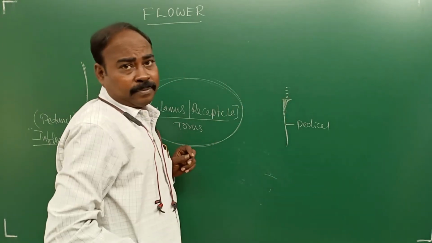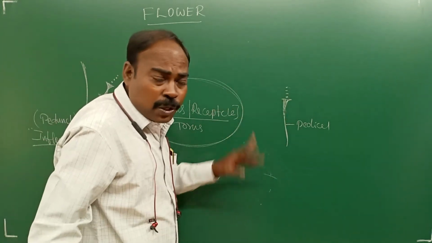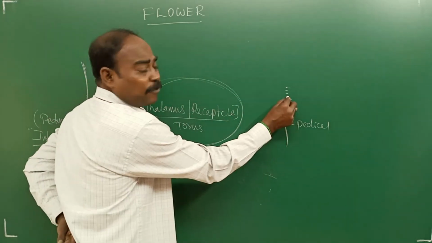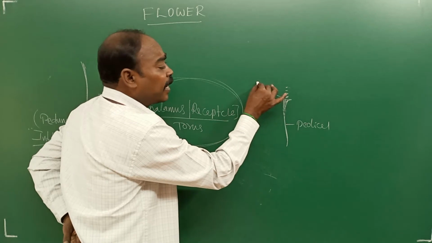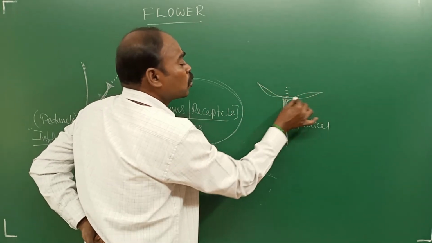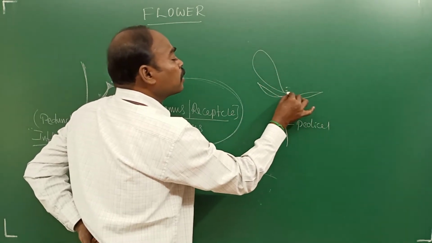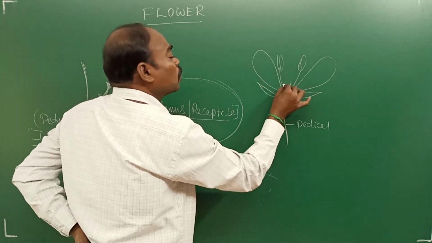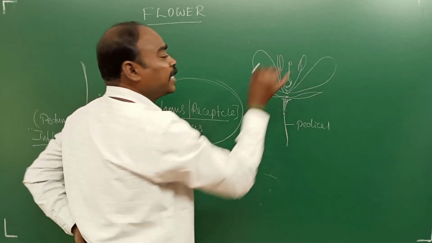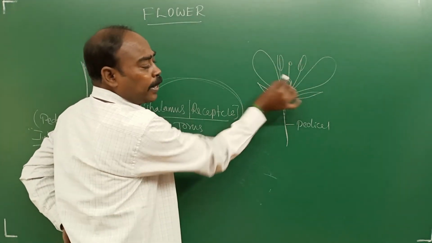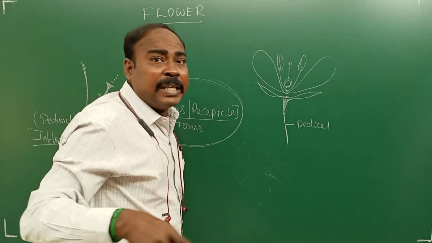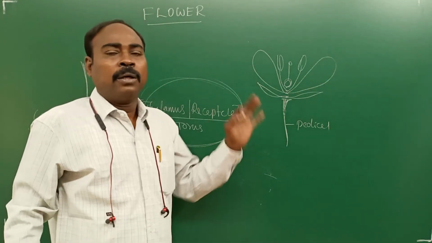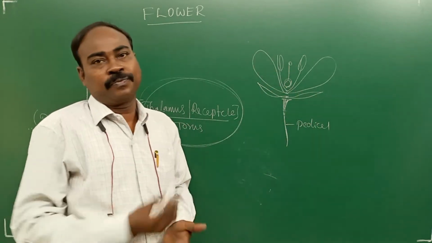At every node, like normal leaves, the modified floral leaves are developed. At first node, the modified leaves are developed. Again second node, third node and fourth node. So at every node, the modified leaves are developed, called floral leaves or floral appendages.